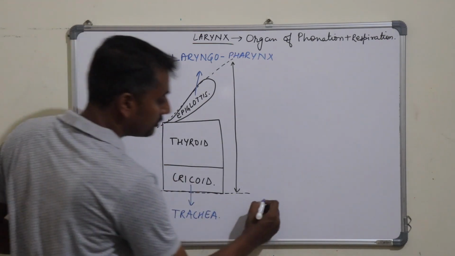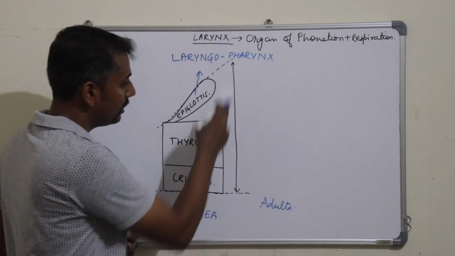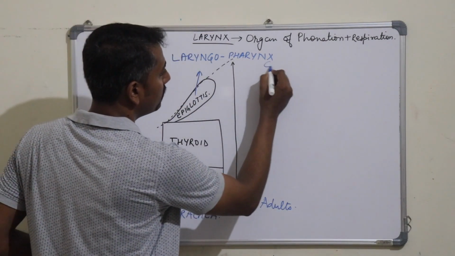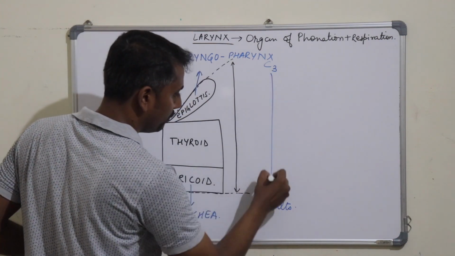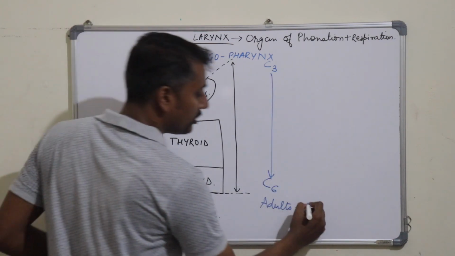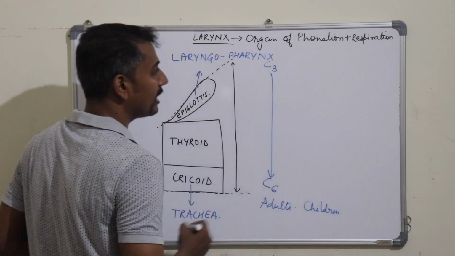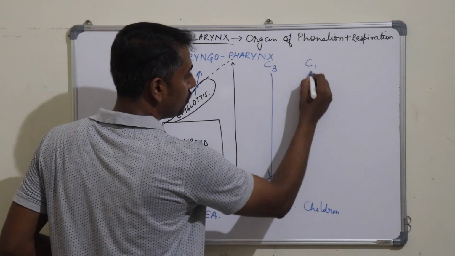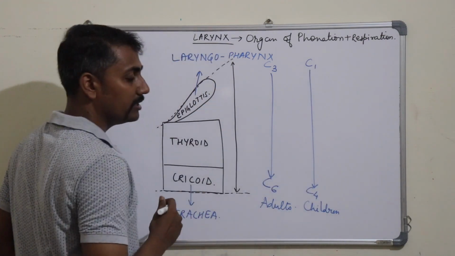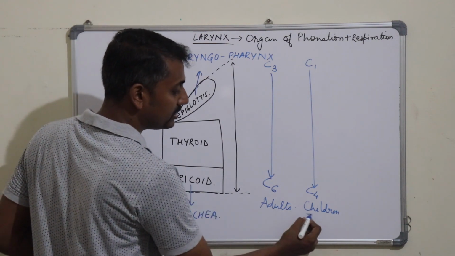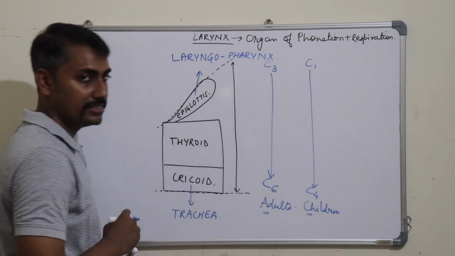In adults, the larynx extends from C3 to C6 cervical vertebra, and in children, it extends from C1 to C4 cervical vertebra. That shows that the larynx in children is at a higher level as compared to the adults.